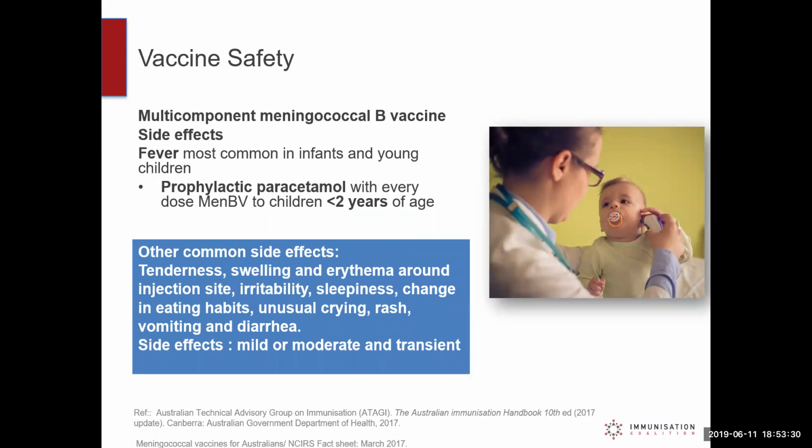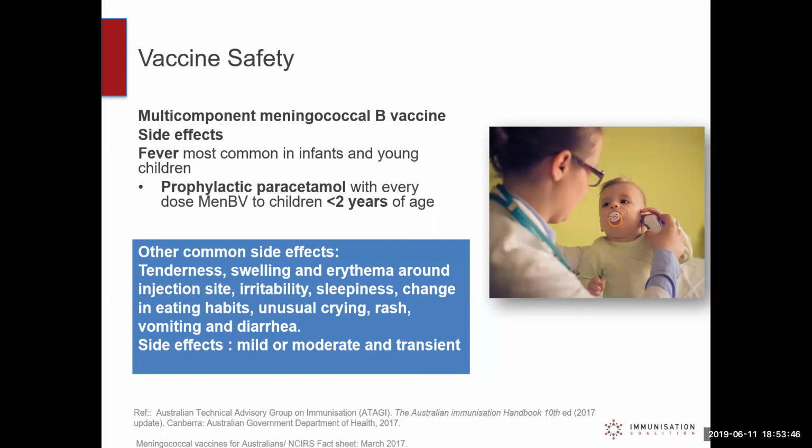So with meningococcal B vaccine, that vaccine is a bit more reactogenic. It's a bit more of a painful vaccine, and it's going to quite likely increase fever.